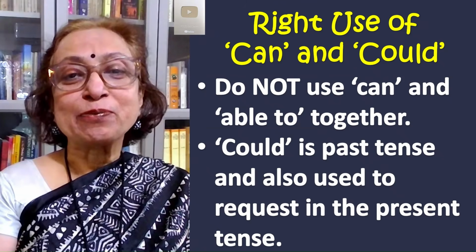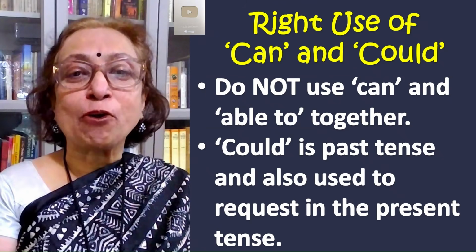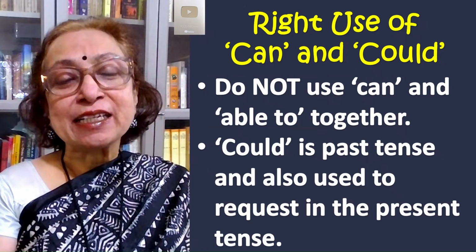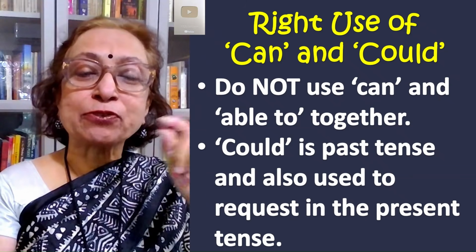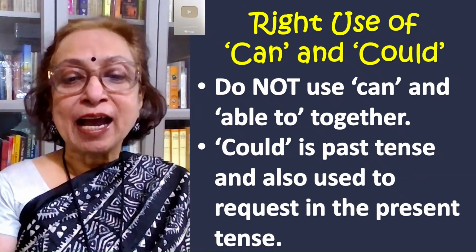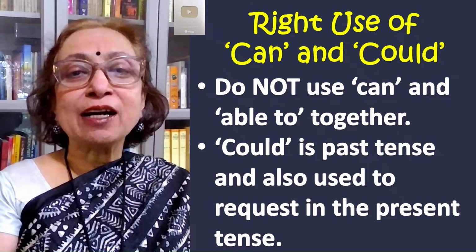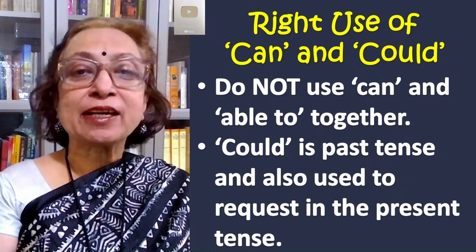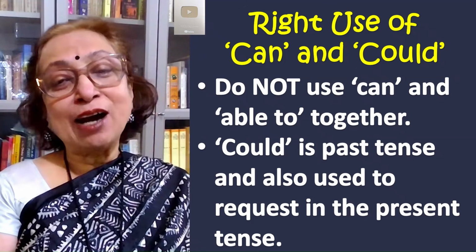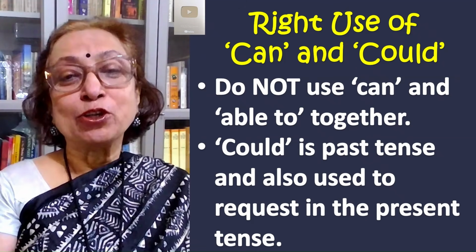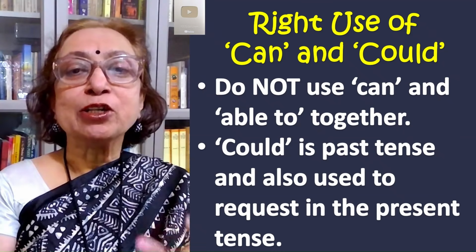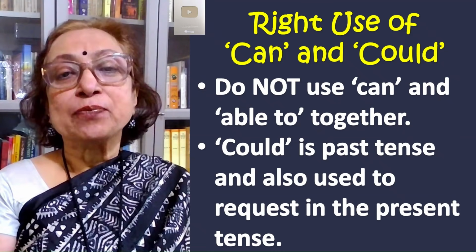Cannot is negative. We also have a short form, and that is can't, C-A-N apostrophe T. So, when I was young, I couldn't speak English. Now I can speak English. So, couldn't, could not, couldn't.